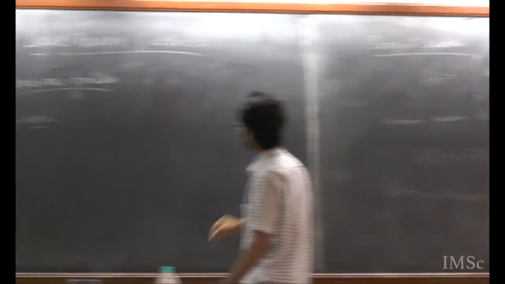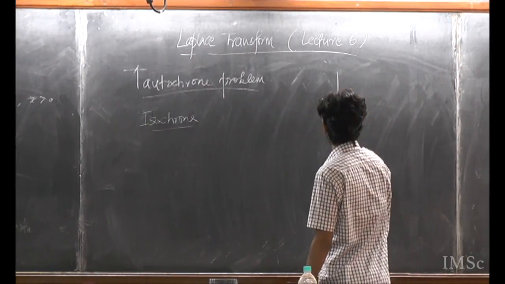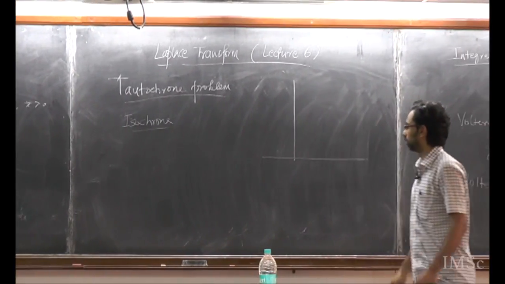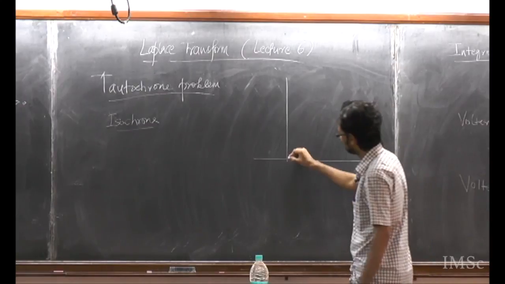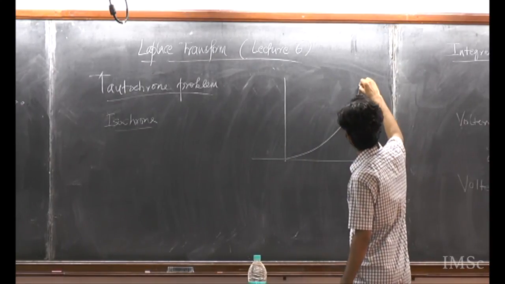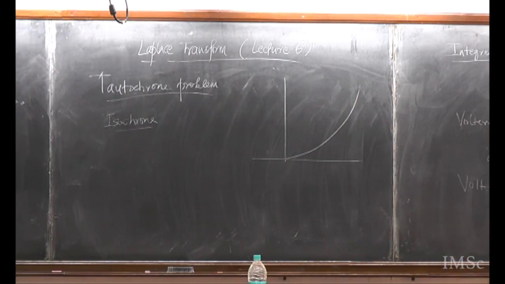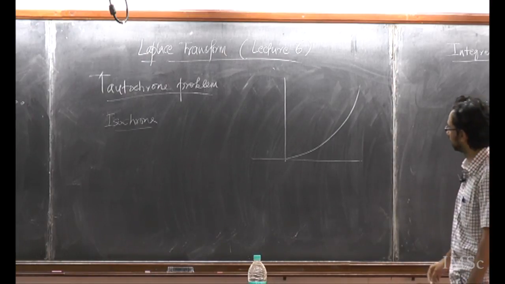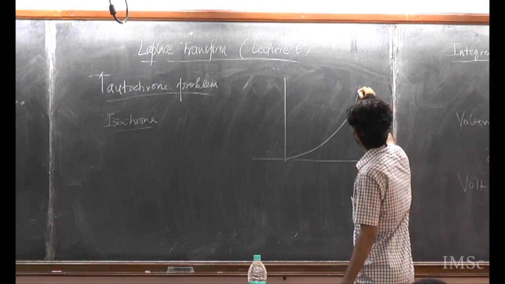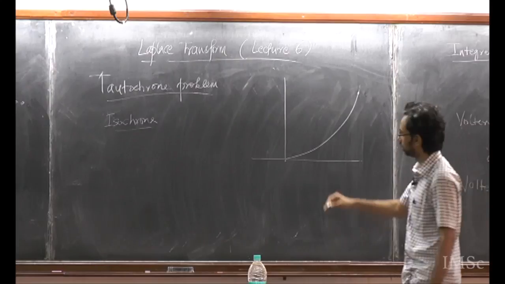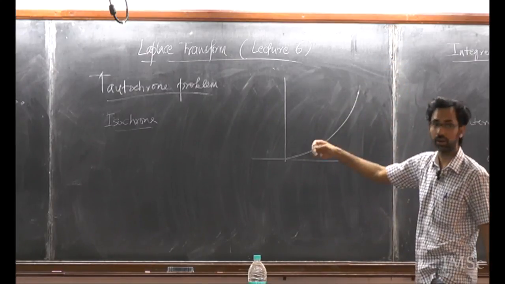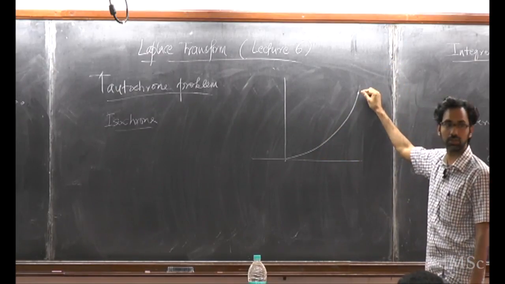So what is this problem? Suppose you have a curve on the plane, Euclidean plane, okay? And suppose you have a bead. So suppose this is like a wire, and a bead is attached to the wire.